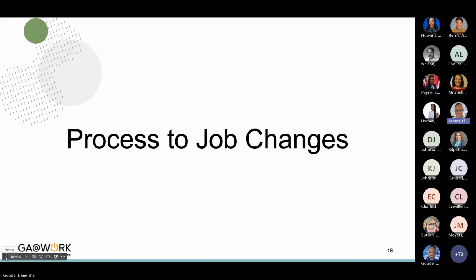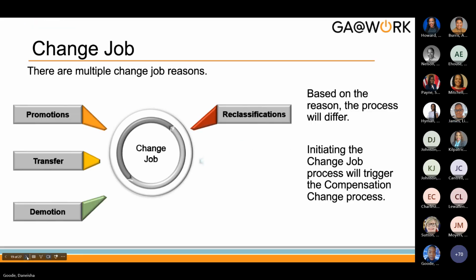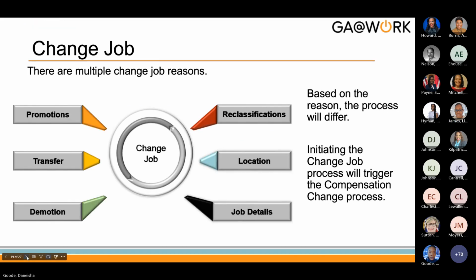And we're also going to talk a little bit about the process to initiate job changes. Next slide, please. These are reasons that you can initiate a job change. It can be a promotion, a demotion, a lateral, location change. It can be transfers from agency to agency, which is what we're going to demonstrate. I'm going to demonstrate a transfer, same org, but as a promotion.